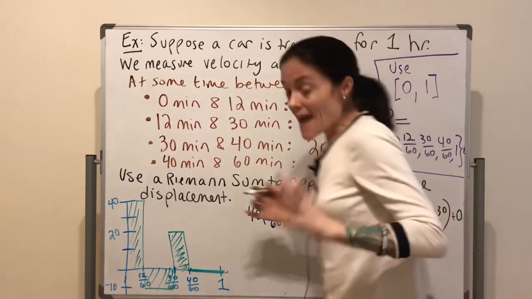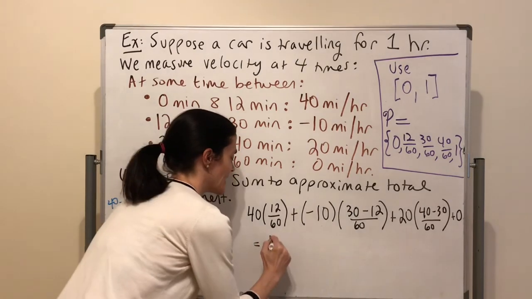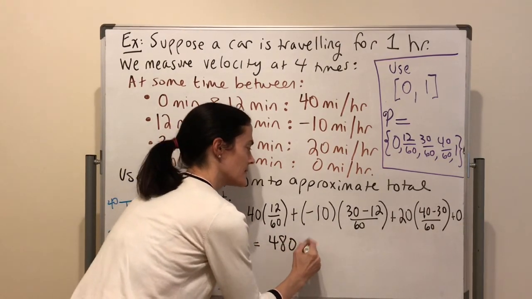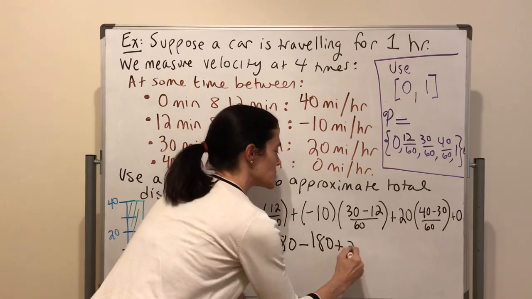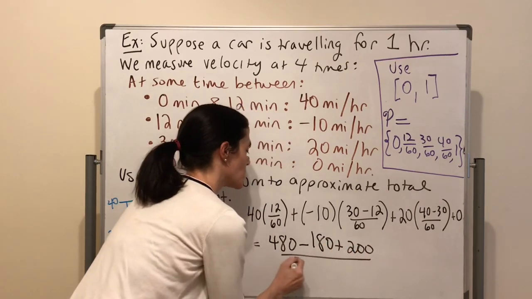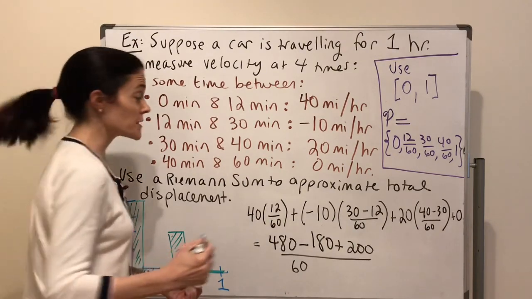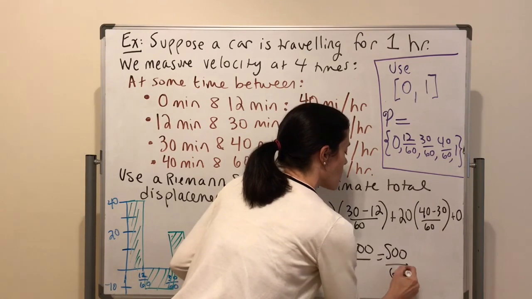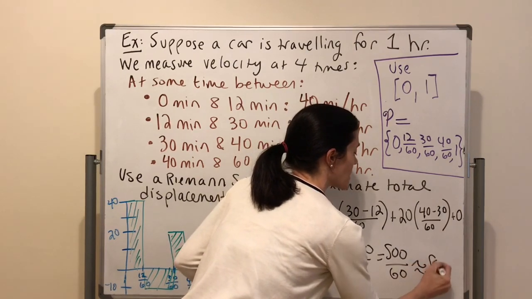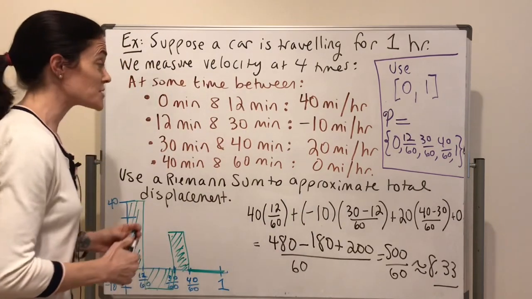Now we just add these numbers. Let's see, we get 480, we have minus 180 plus 200 all over 60, which is 500 over 60, or it's approximately 8.33. So this is our answer here.